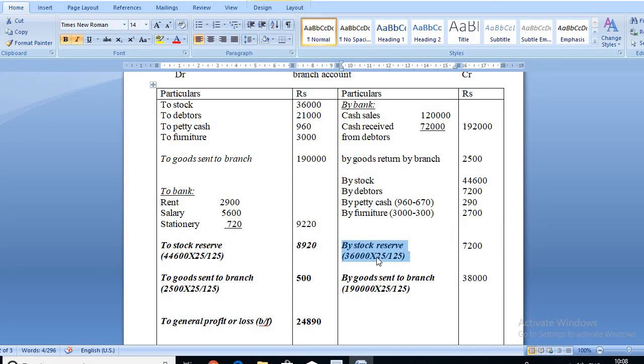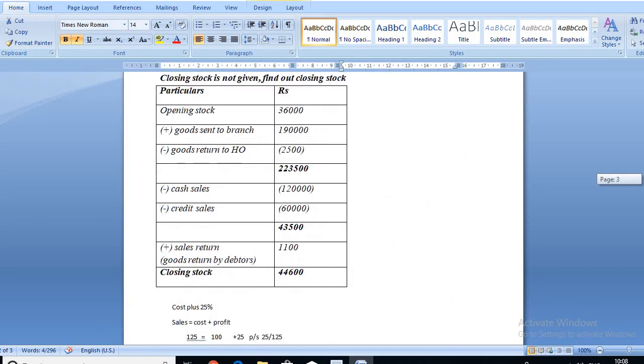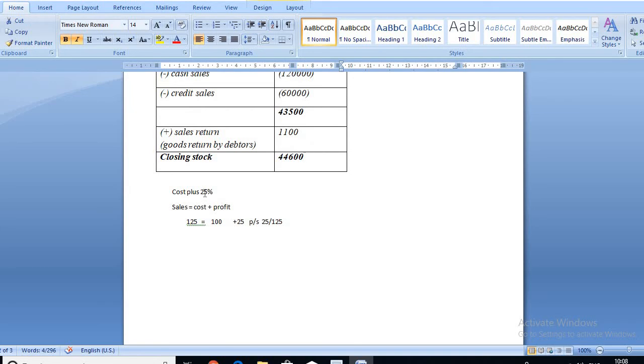So 36,000 multiplied by, what's the profit portion? Profit is 25% on cost. So I calculated here how to calculate gross profit. Here profit is cost plus 25%, and we know the equation: sales is always equal to cost plus profit.